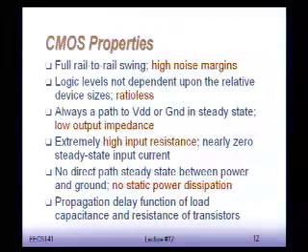In that case, VOL depends on the W over L of the transistor and the resistor value. So you can decrease VOL, in other words, get a better noise margin by either increasing the resistor or making the transistor wider, okay? But by doing so, you are either increasing the input capacitance of the device or increasing the output resistance. And in either case, you are degrading speed, okay?